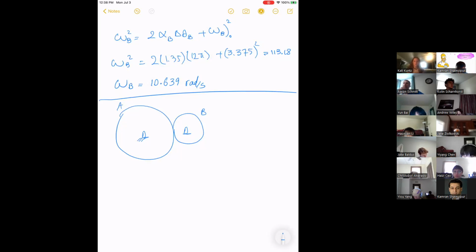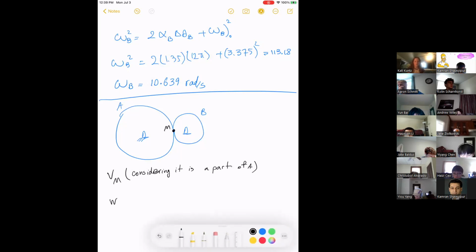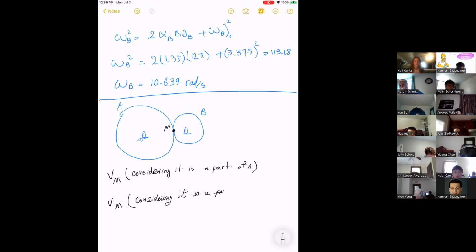So technically, if we consider this point M, the velocity of M considering it is a part of A, and the velocity of M considering it is a part of B, should they be different?